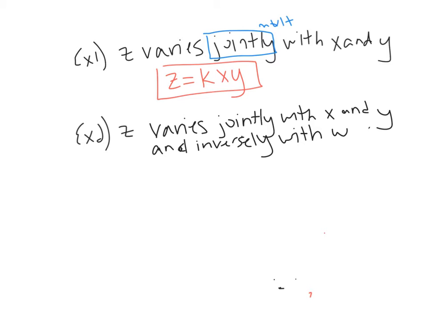Let's break it down sentence by sentence. Z varies, so that's always z equals. Jointly, what do we think of when we think of the word jointly? We think of multiply. So always do your constant k, some constant k that doesn't change, jointly with x and y, so k, x, y. And inversely with w, well, inversely means divide with w. So z equals k, x, y divided by w.